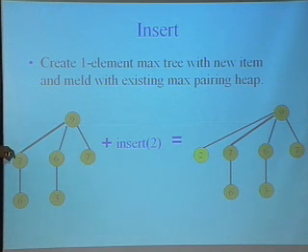Since 2 is smaller than 9, it'll become the leftmost child of 9. So you create a single node pairing heap with a new item and then compare link it with the original tree.